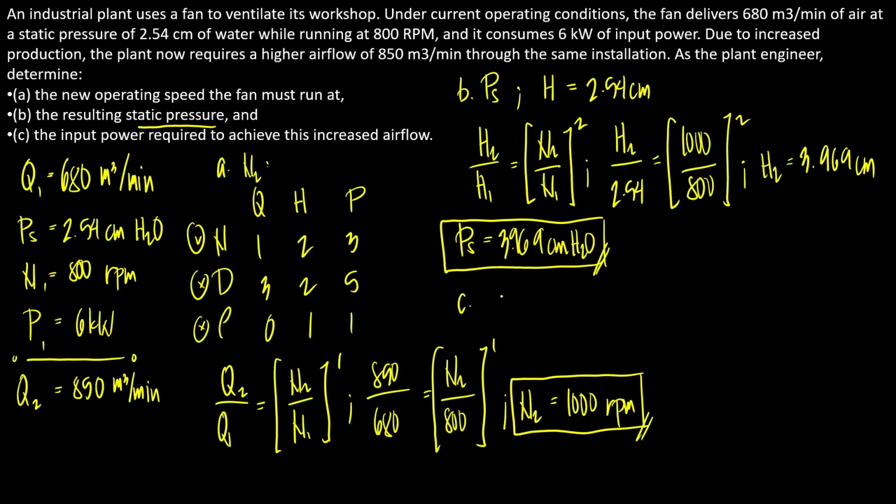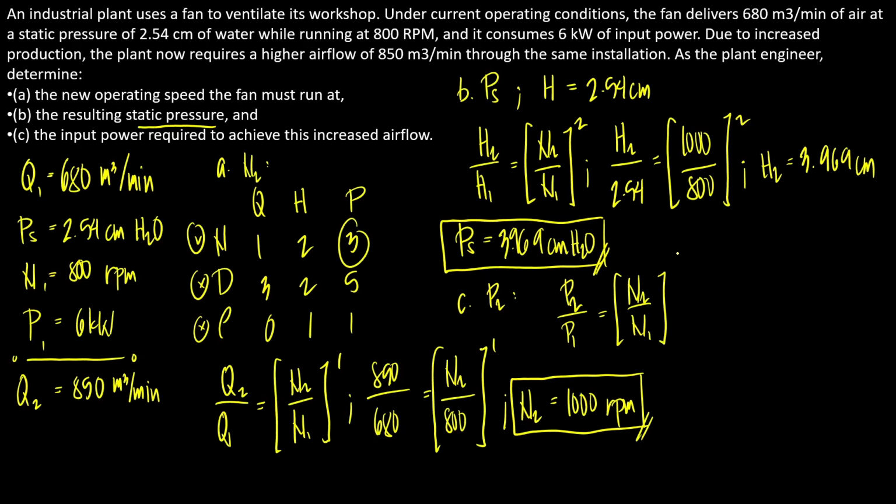Then C, the input power required to achieve this increased flow. So the input power, or P2. We have power here and the RPM here. So P2 over P1 equals N2 over N1.